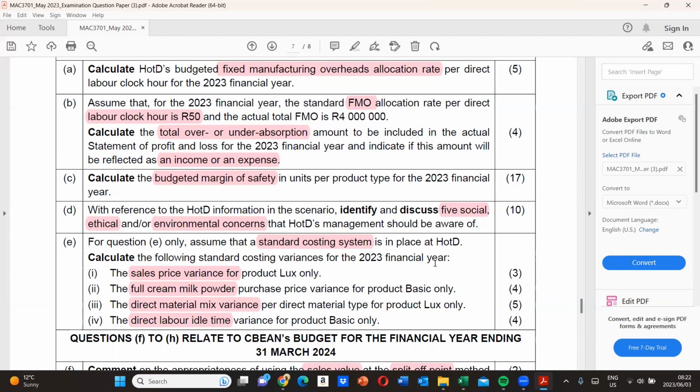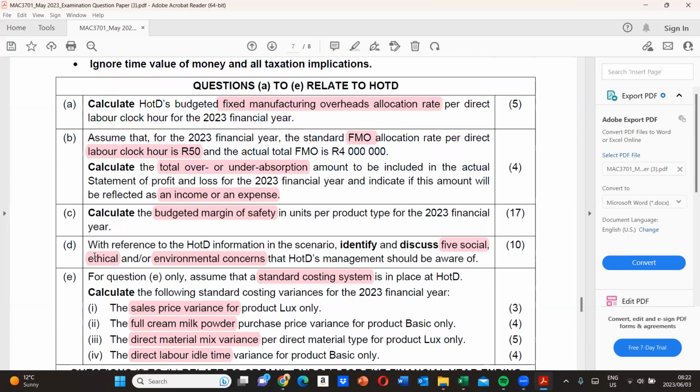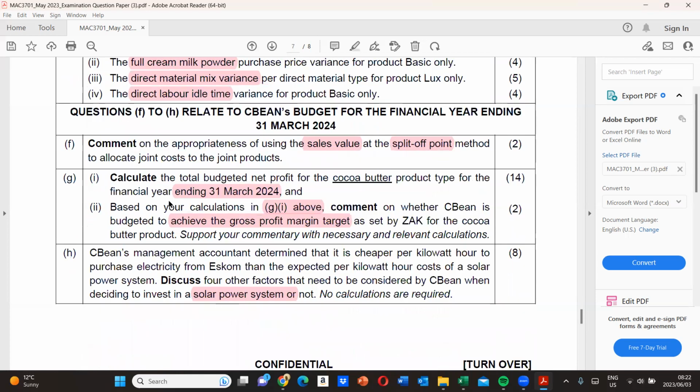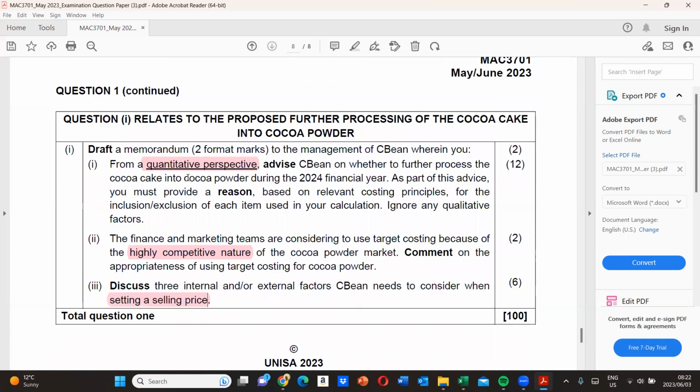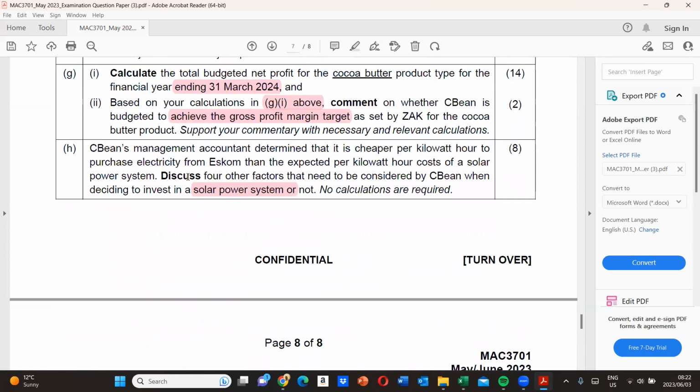Guys, in an exam, there is no reward for answering questions in the same order, A, B, C, D, and so forth. Usually what they do in exams is when you find the first question difficult, the last questions will be easy. So we can all agree that question H was very easy.